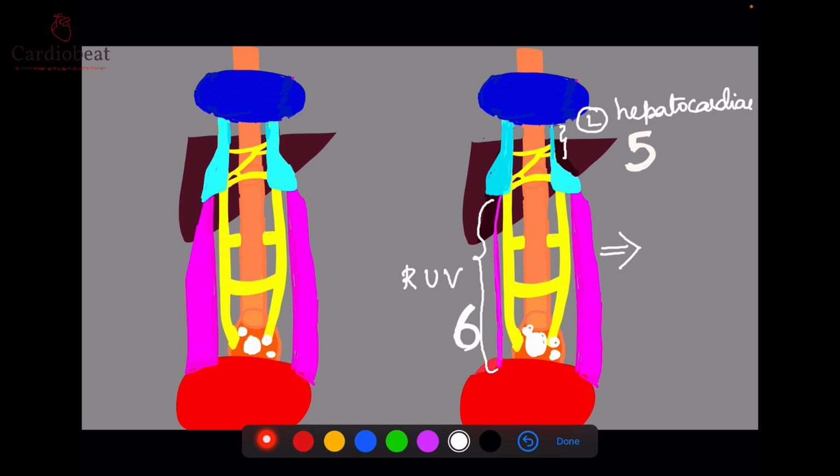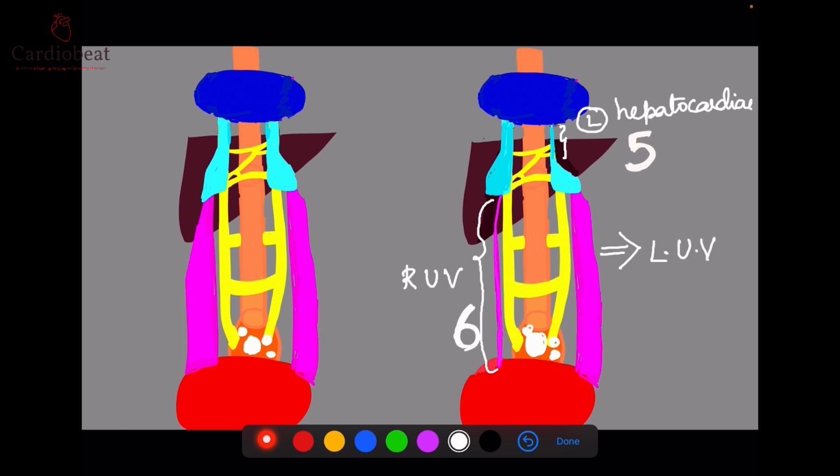Because of these changes, we understand that whatever blood is getting exchanged from the placenta is only through the left umbilical vein.